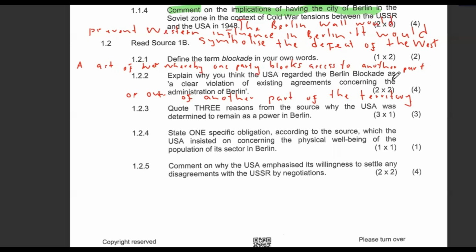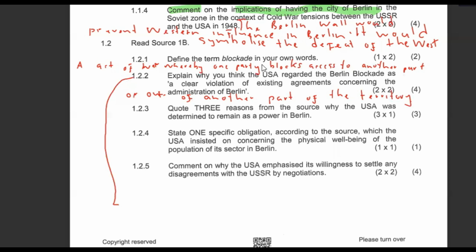Explain why the USA regarded the Berlin blockade as a clear violation of the existing agreements concerning the administration of Berlin. All right, let's start with question 1.2.2, to which the answers are going to be written below.